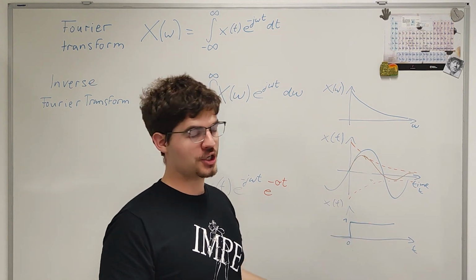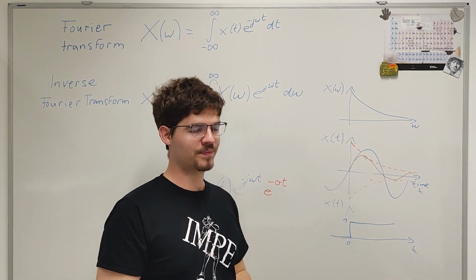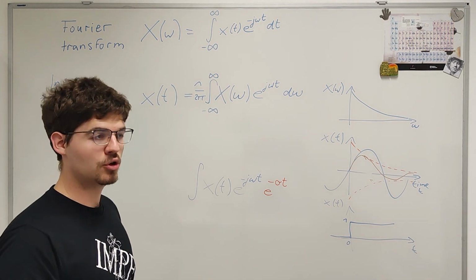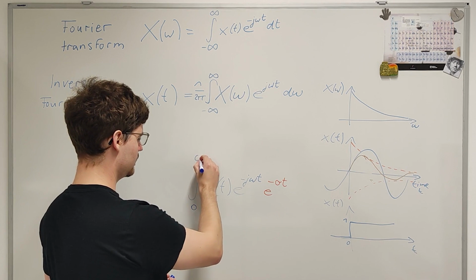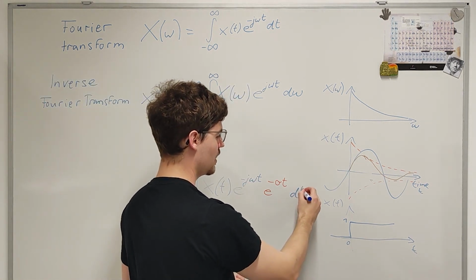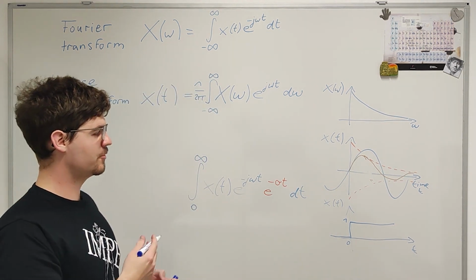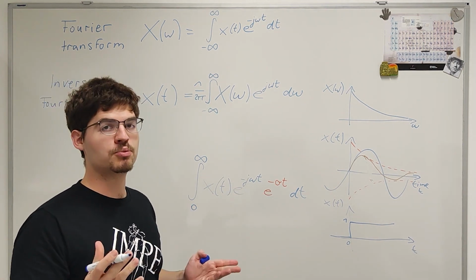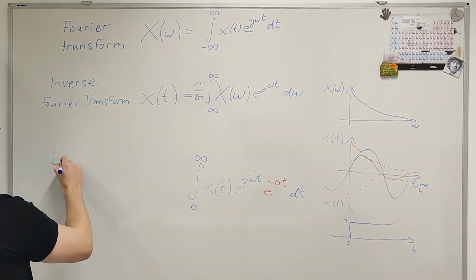Similarly, the step function is now compressed by this e to the minus sigma t term towards 0. And now, if we constrain ourselves to signals that start at time 0, not minus infinity, and we copy this dt because we integrate over time, we end up with the Laplace transform. And the Laplace transform now converges for many of these cases and actually exists and is therefore much more useful to us. It is the Laplace transform here.